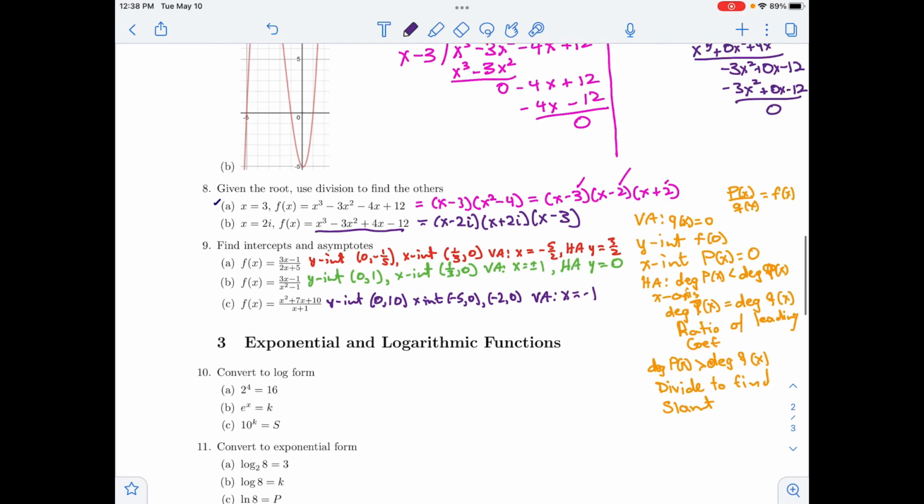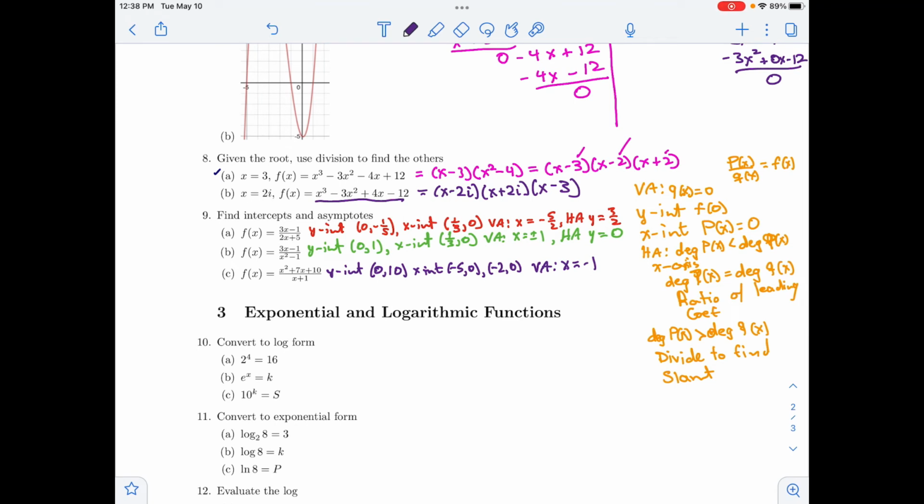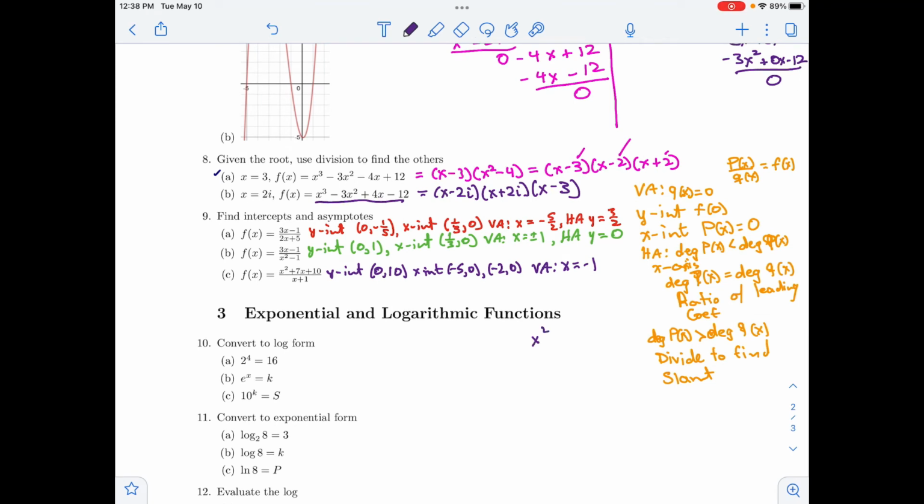Okay, so let me see if I can squeeze that in over here. I've got x squared plus 7x plus 10, divided by x plus 1. So x will go into x squared, x times. This is x squared plus x, 6x, bring down the 10.